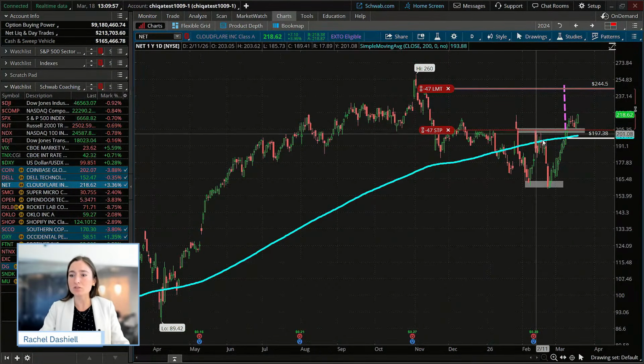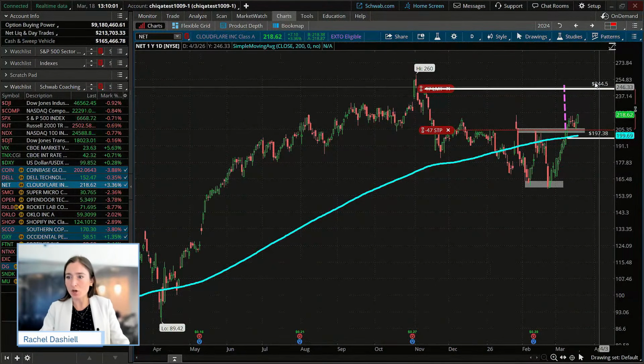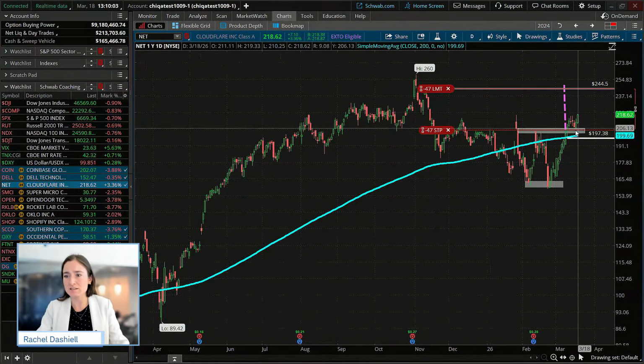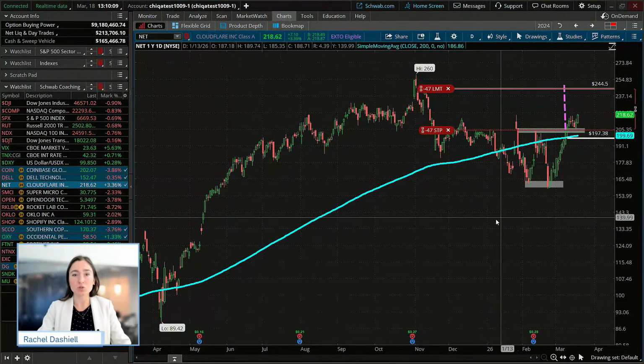So the time that it took to form this pattern may be the time that it takes to reach that target price. We've already seen that price has moved quite a ways from that level already in such a short amount of time. So we'll keep that in mind too.